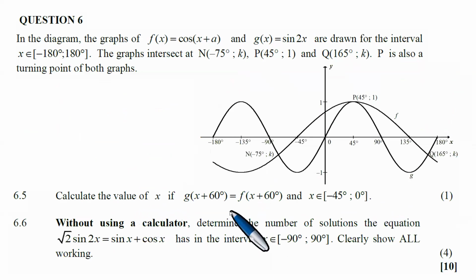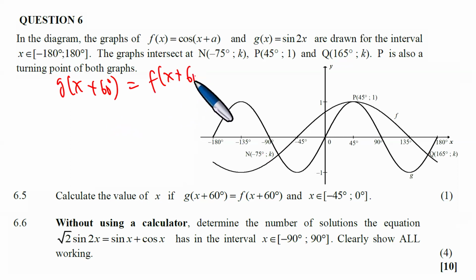Calculate the value of x if g of x plus 60 degrees is equal to f of x plus 60 degrees.